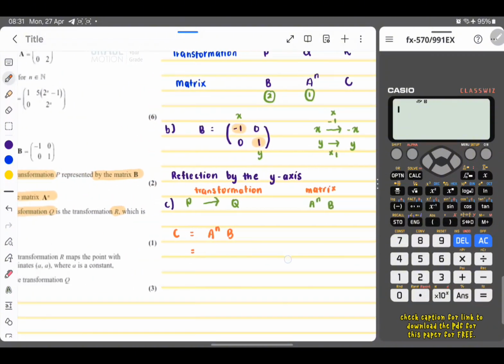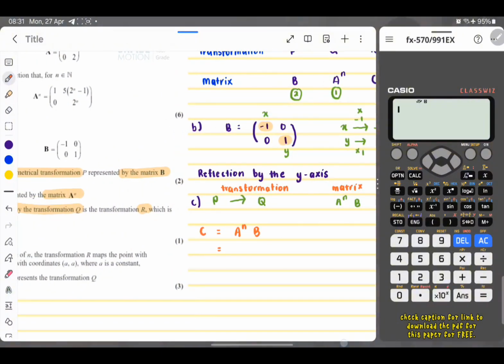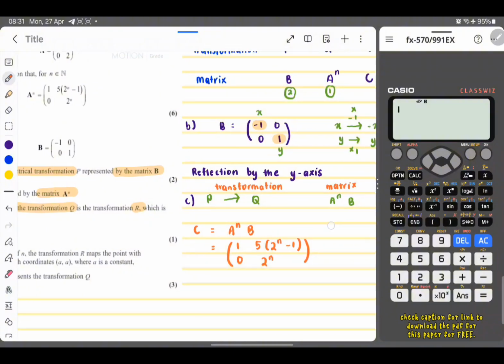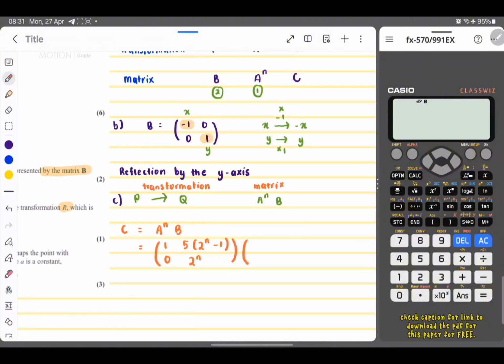What is A to the power of N? A to the power of N is 1, 0, 5 open bracket 2 to the power of N minus 1 close bracket, 2 to the power of N. Let's multiply by B, -1, 0, 0, 1. Let's do our matrix multiplication.